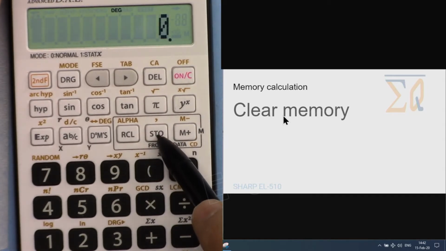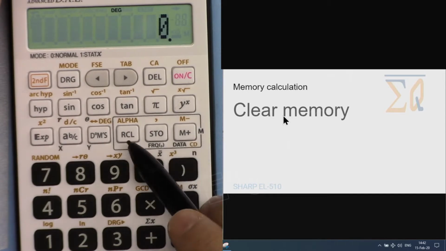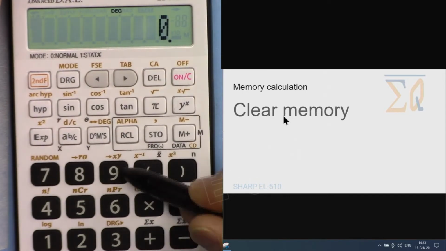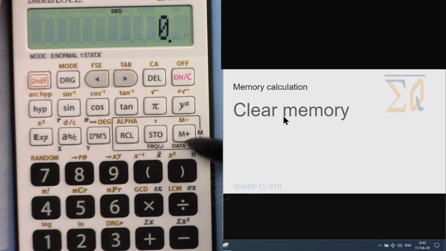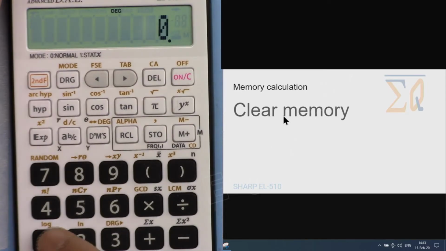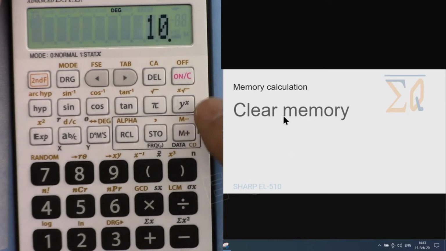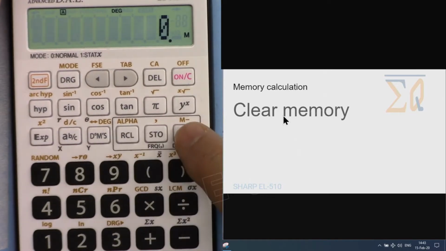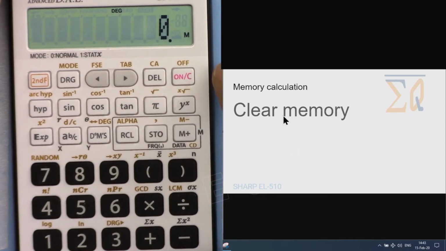This button store means store the value in this button, and recall means recall. If you use store, it will put whatever value you have and replace everything in the memory. But if you just press plus, it means whatever value is in the memory, keep it and then add the value. For example, let's say put 10 and then store M. Now if I go recall, that is 10.